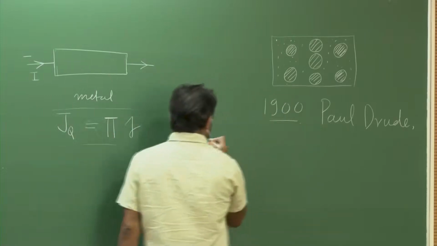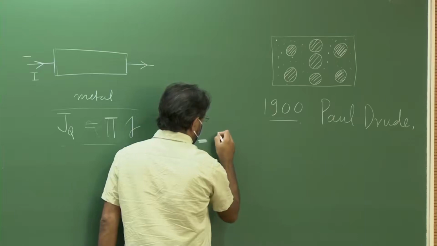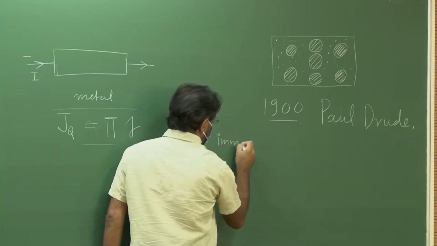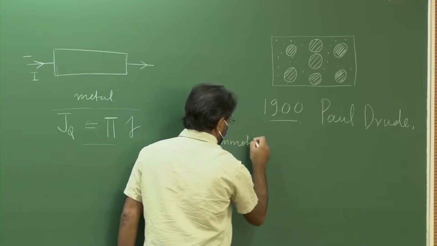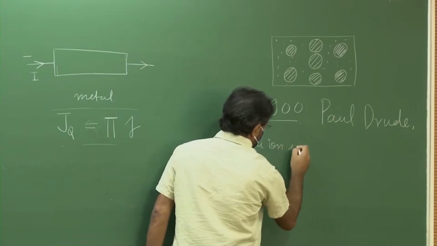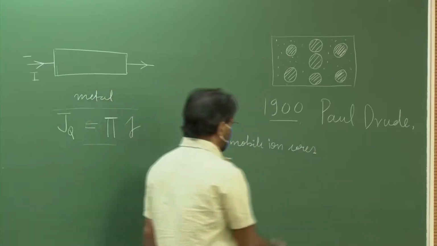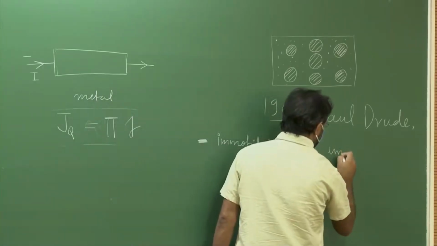So his model is that you have immobile ionic cores immersed in a sea of conduction electrons.